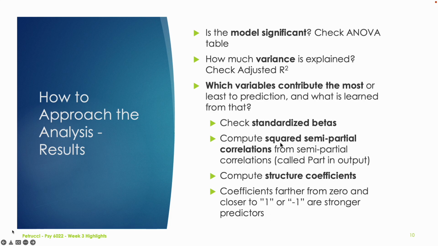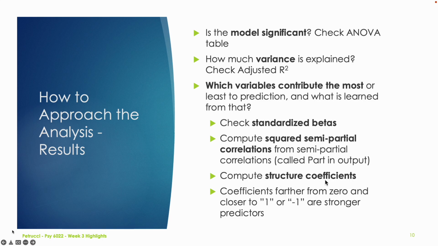We also compute our squared semi-partial correlations from the semi-partial correlations, and those are called part in the SPSS output just to make it a little bit confusing. But basically, we can multiply this by 100 and get a percentage of prediction, the percentage that that particular variable uniquely predicts the dependent variable apart from all of the other variables in the model.